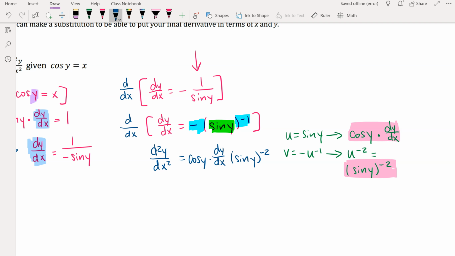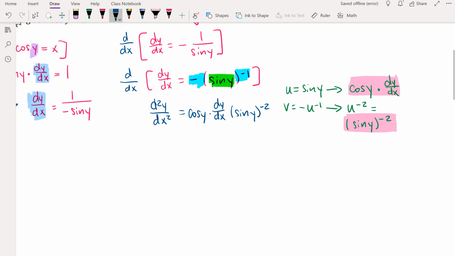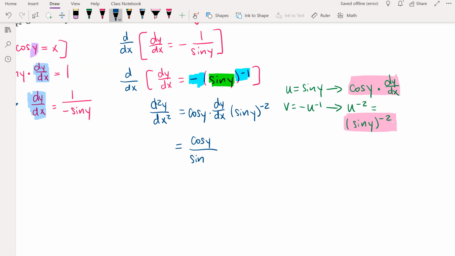Okay, so now let's go ahead and move the sine to the denominator. So we get equals cosine y over sine squared of y, and then times dy dx.